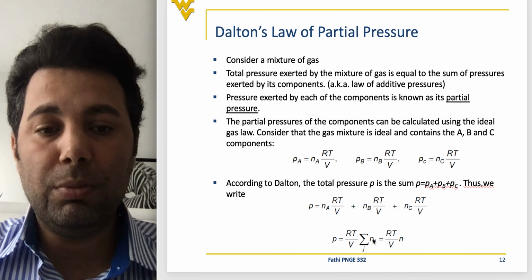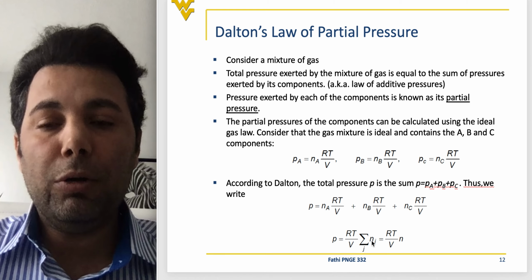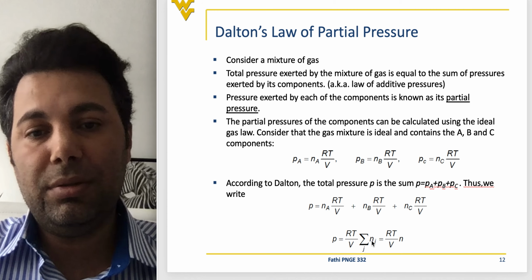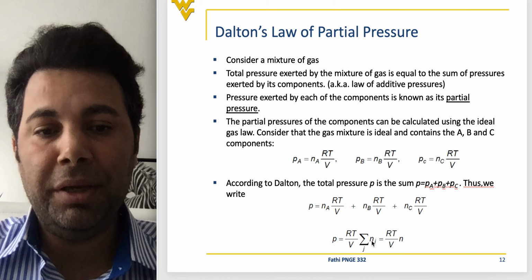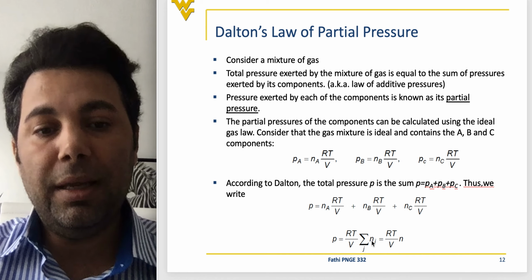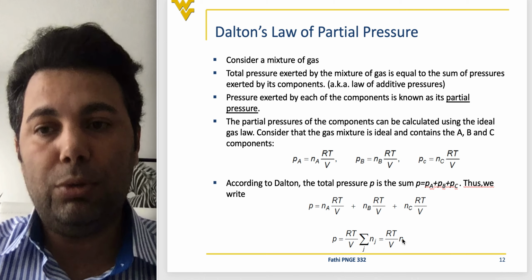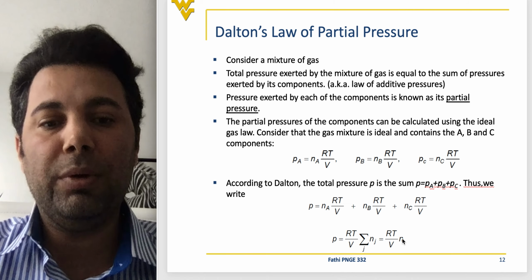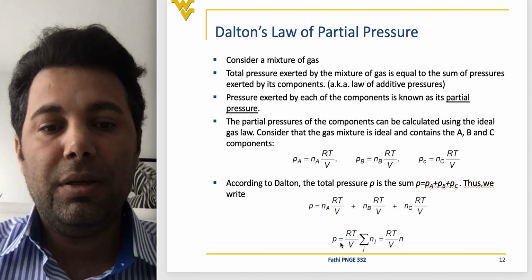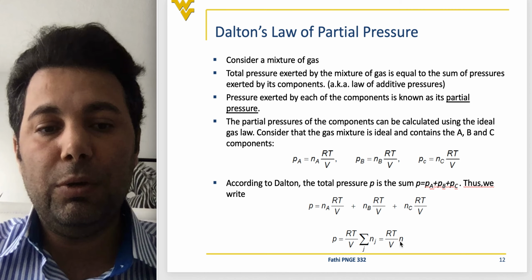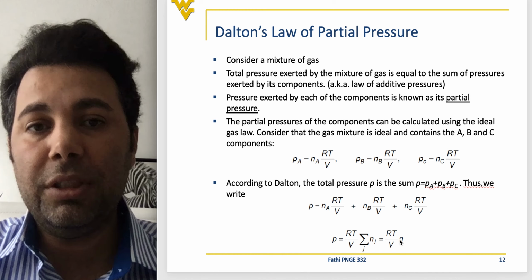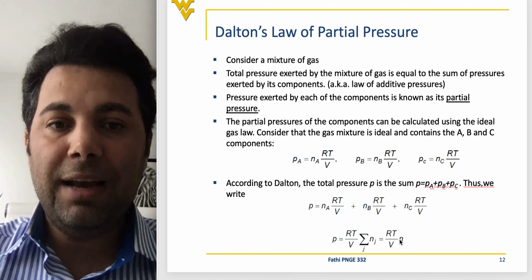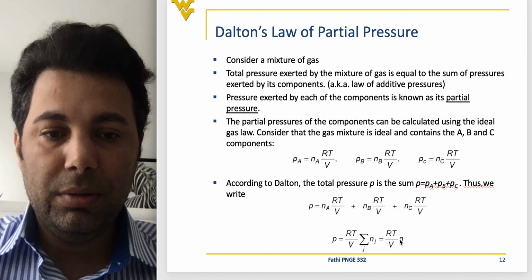If I have 10 pound-mole of methane plus 1 pound-mole of ethane plus 2 pound-mole of propane, I just sum them up, and that becomes the total number of moles. So the total number of moles in the mixture is the summation of the number of moles of every single component. So P is equal to RT over V times n, or PV is equal to nRT. The equation of state is still valid if we have a mixture of multiple components.